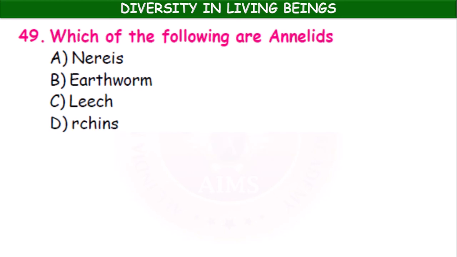Which of the following are annelids? Examples of annelids: nereis, earthworm, leech and sea urchins. So here A, B and C: nereis, earthworm, leech.